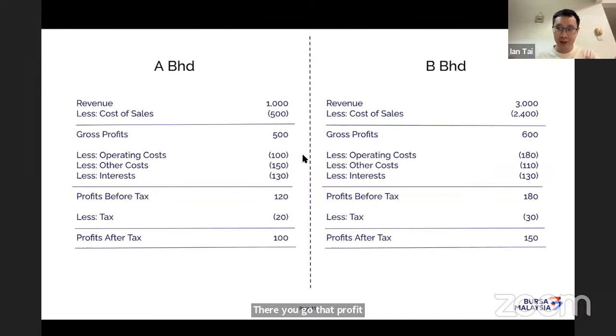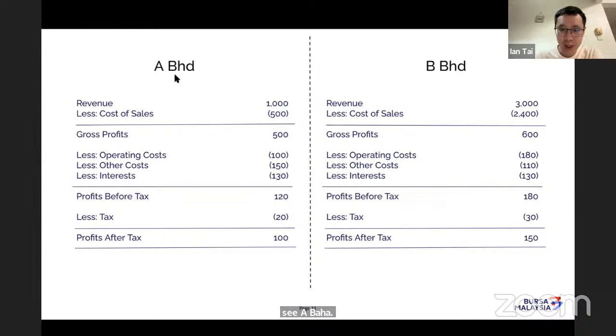Okay. So now focus on this screen first, then later you can do it on a piece of paper, or you can open an Excel sheet where you can tabulate all these figures. Okay. So this is actually the A/B testing. Now, focus on the screen right now. Here, I would like you to see A Berhad. Okay, A Berhad.